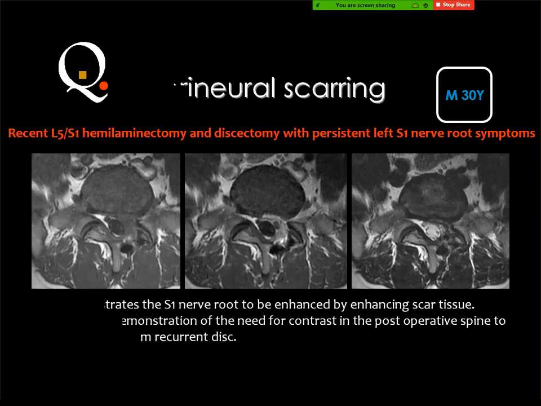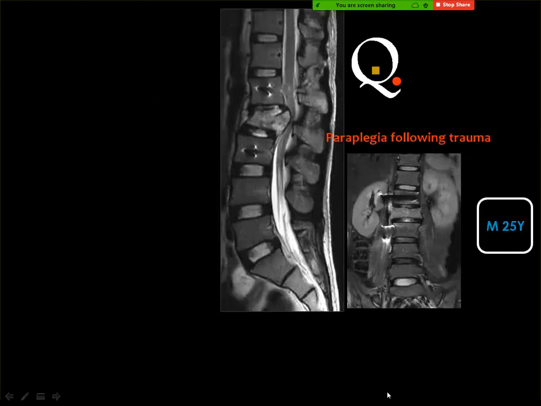Scar. Yes, and perineural scarring. You see the evidence of laminar fenestration on the left side, and you got a shadow in the epidural space. After injection of contrast, the shadow enhanced and the nerve root appeared inside the scar. And this is the typical appearance of perineural scarring.